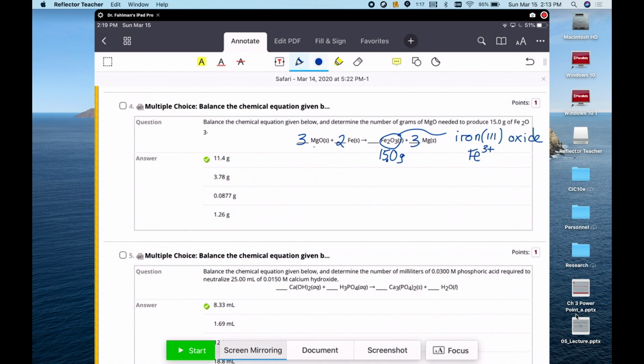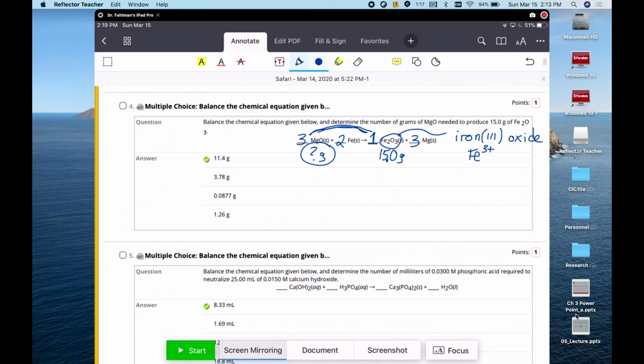Anyway, it doesn't have anything to do with the question, but FYI. And so if we want to produce 15 grams, how many grams of magnesium oxide did we need? Okay, so again, this is going to use these ratios. So it's going to be a 1 to 3 ratio here.